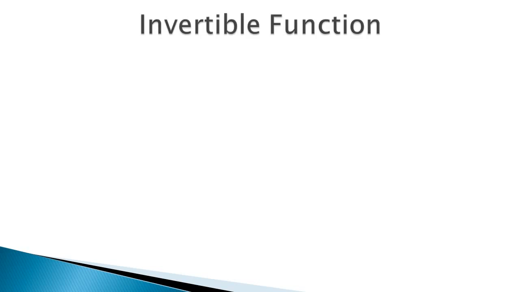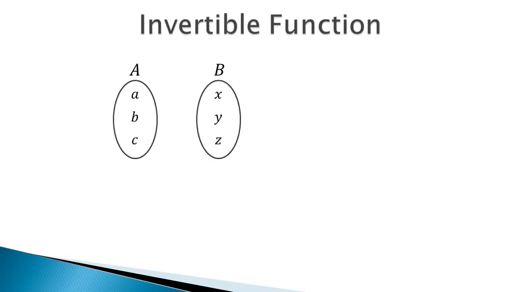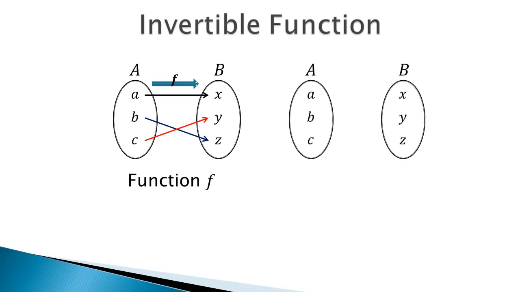Then comes the concept of invertible function. You can see one thing here. See the diagram. So let f be a function from the set A to the set B. In this way, it is defined. Then the inverse of this function f is a function from the set B to A, such that the elements are related like this.